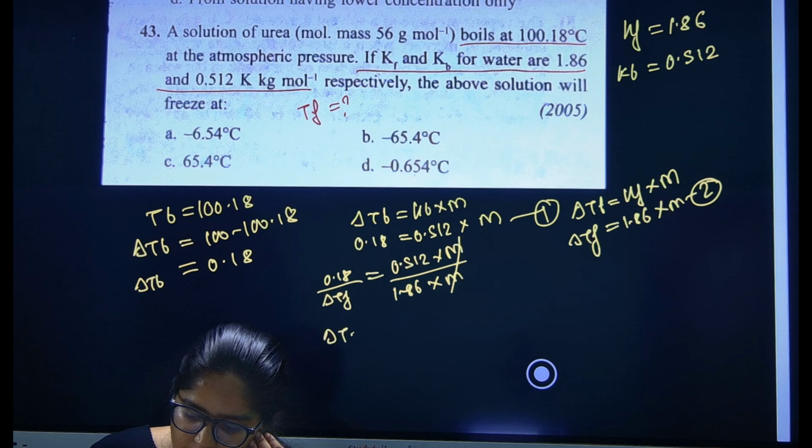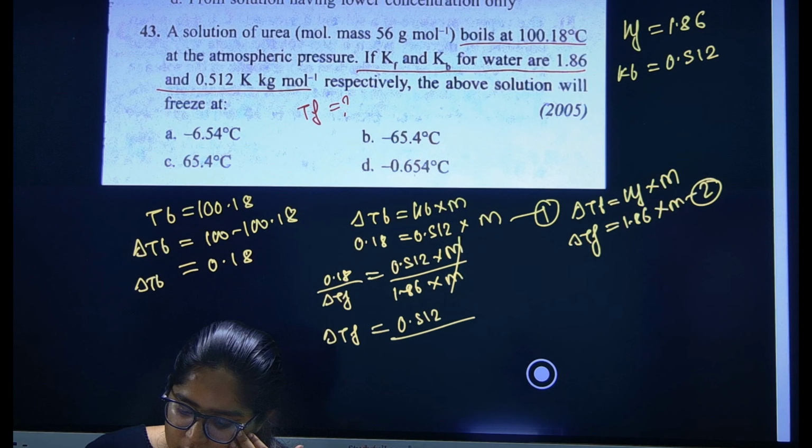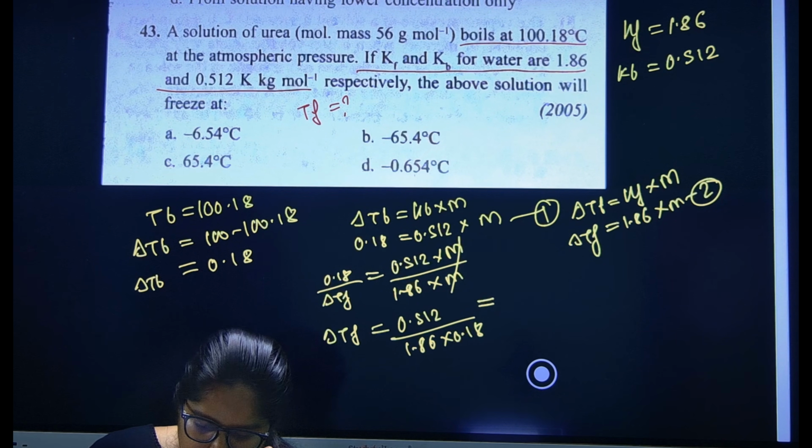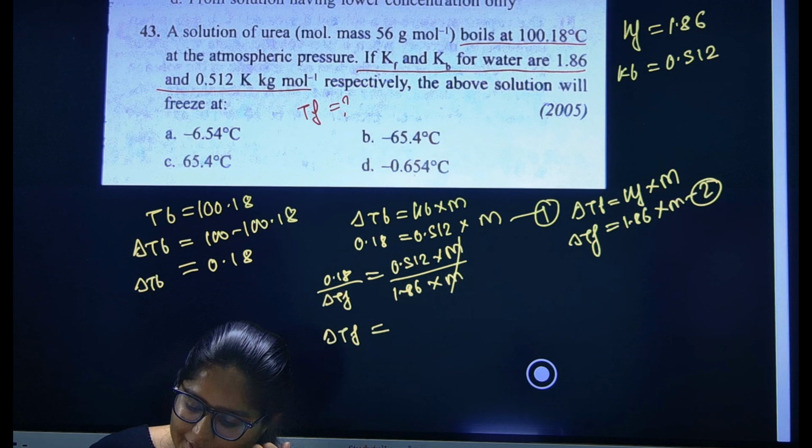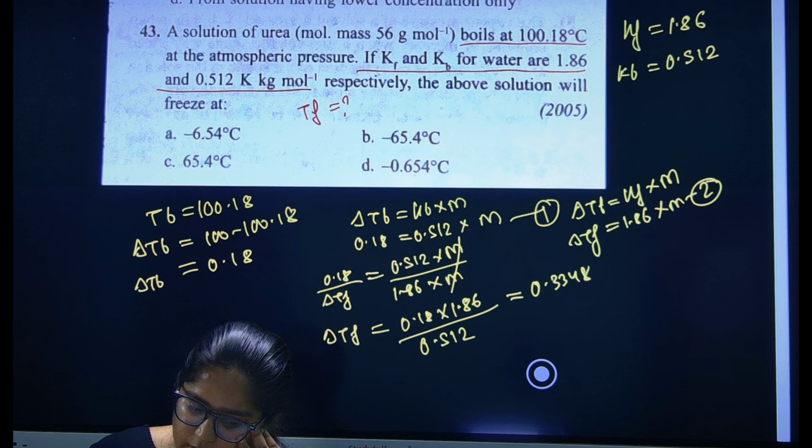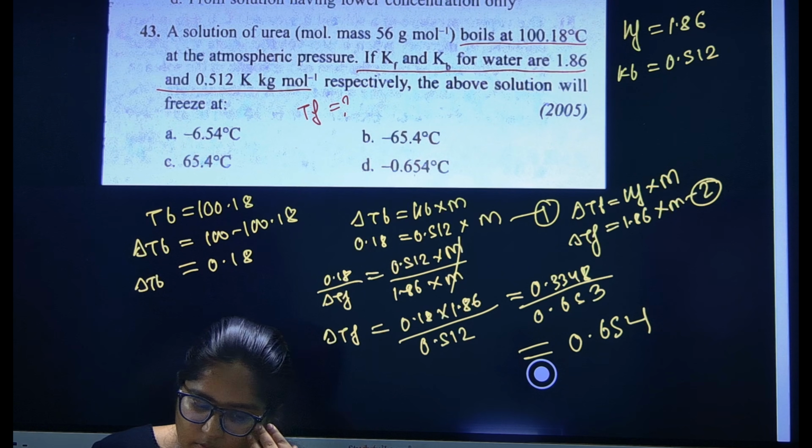So delta Tf will be equal to 0.18 into 1.86 divided by 0.512. Now this is correct. Here we get 0.3348 divided by 0.512, so we get about 0.654 as the answer.